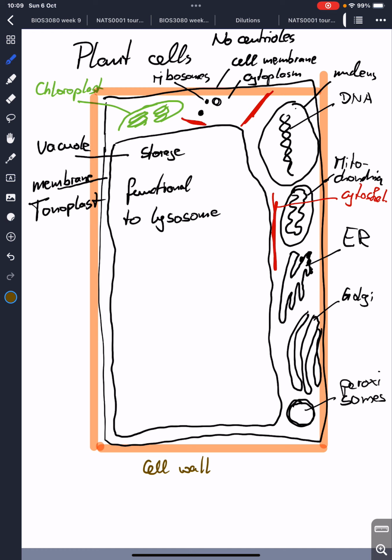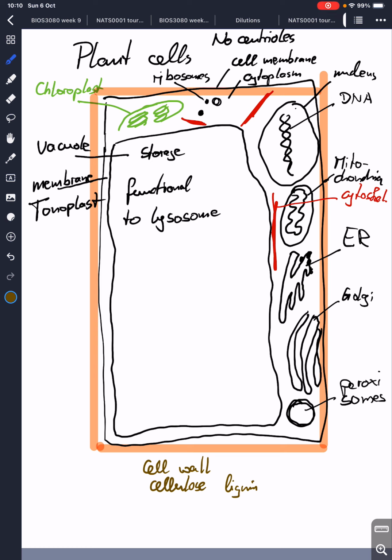The cell wall is usually made up of sugar, of cellulose, and very often it also contains other components, like, for example, lignin.